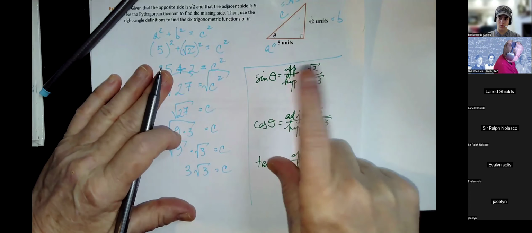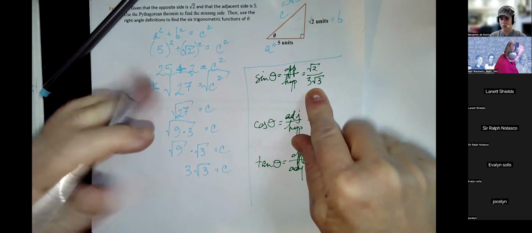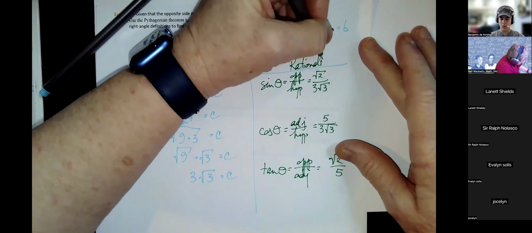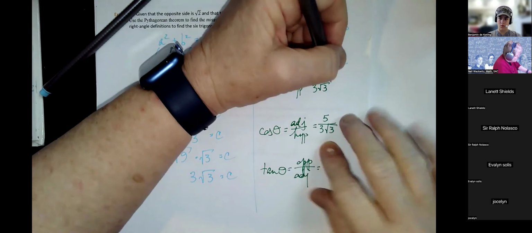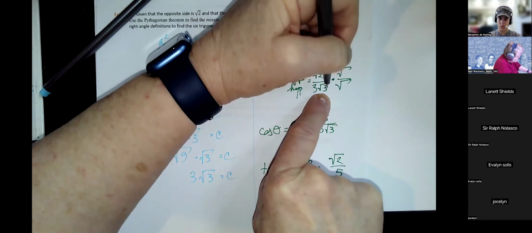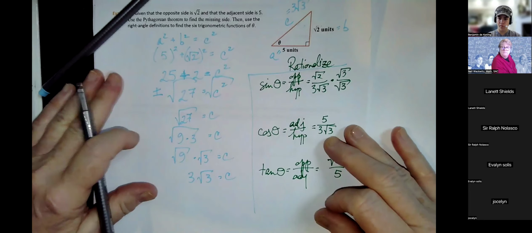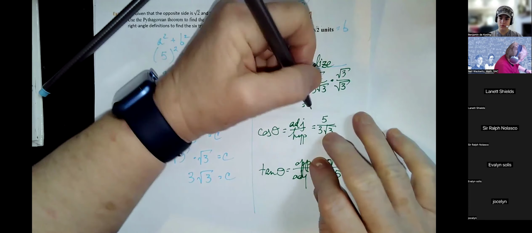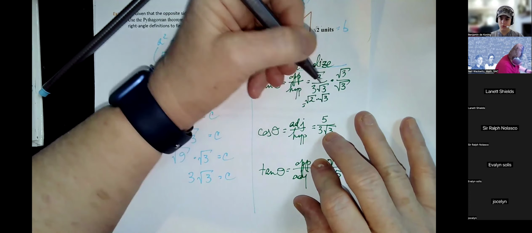And it's called rationalize. Let's rationalize this denominator. When there's only one term, that means we just multiply numerator and denominator by that radical. So square root of 3, square root of 3. In the numerator, we're going to have square root of 2 times the square root of 3.